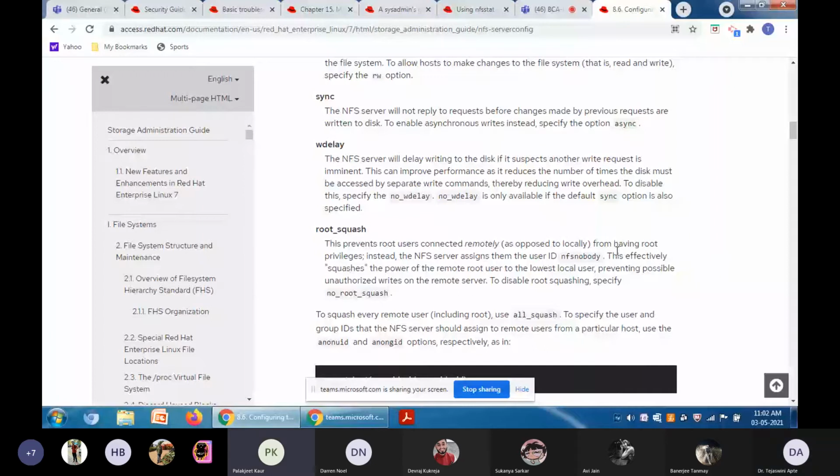Yeah. Root squash means you are squashing, that means you are shrinking the root permission. Are you getting what I am trying to tell you? You are shrinking the root permissions. When you are shrinking the root permissions, a root user from one particular system won't be able to access the permissions of the other system as a root user.